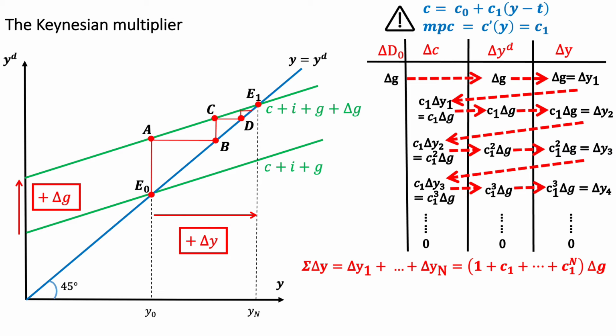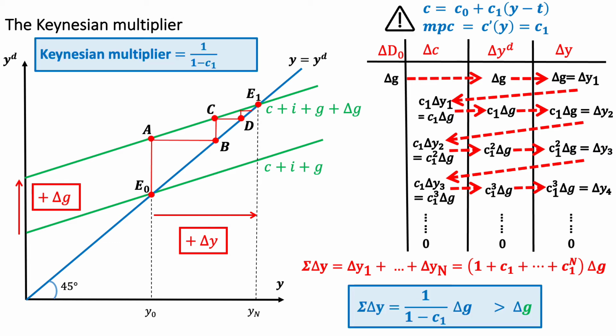This gives us delta G plus delta G times C1 plus delta G times C1 squared, and so on and so on. Because C1 is between 0 and 1, the sum converges towards 1 over 1 minus C1 times delta G. This coefficient, 1 over 1 minus C1, is what we call the Keynesian multiplier.